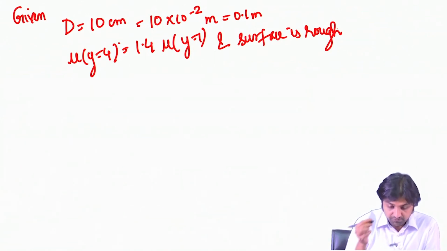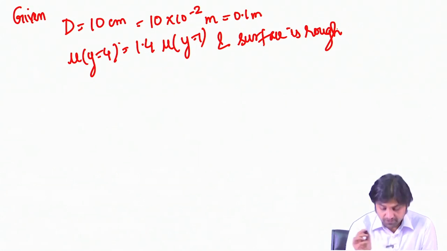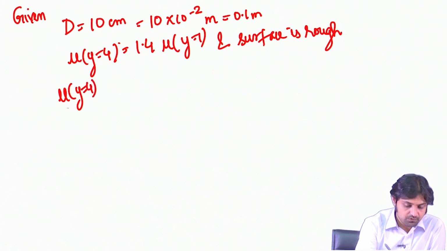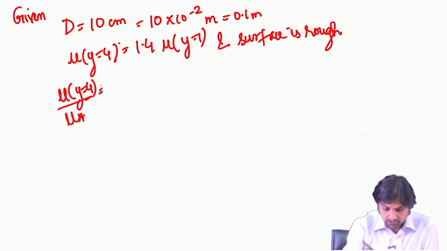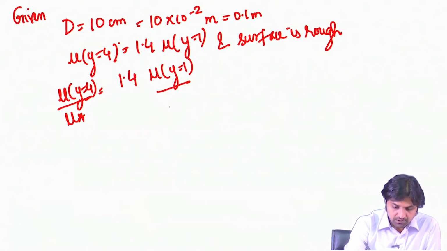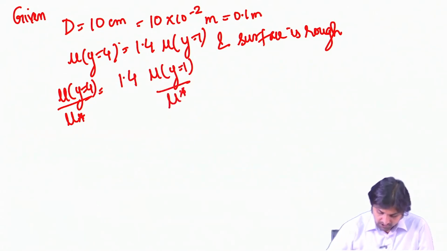We can therefore, from our equations, write u at y equal to 4 by u star can be written as 1.4 u at y equal to 1 divided by u star.